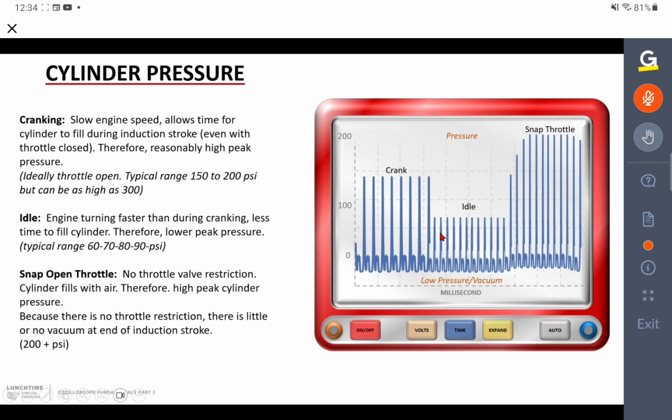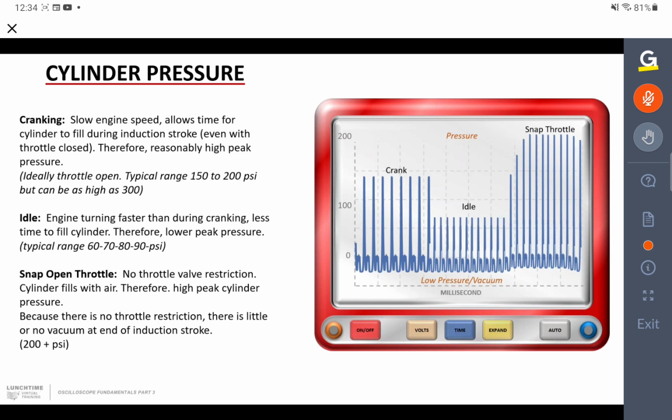And what that means is that the pressure is actually lower at idle, because don't forget the throttle is now fully closed. So it's acting as a massive restriction to incoming air. So although the piston is traveling down the cylinder, pulling in air, it's got this horrendous restriction that we call a throttle, stopping the air coming into the cylinder.